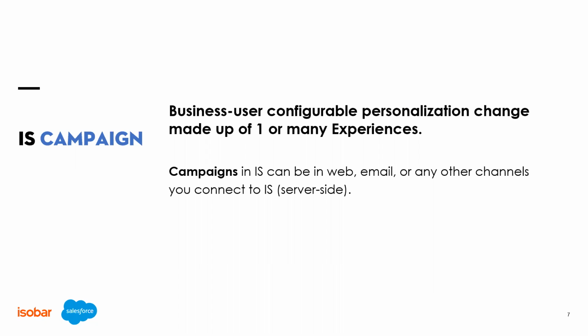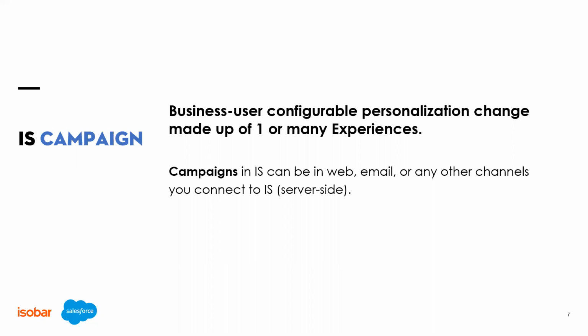Every person that reaches your web, opens the email or opens the mobile application, the campaign could be the same, but the experience that this specific customer will see will be different. That's why a campaign could be made up of one or many experiences. And definitely we can set it up in Interaction Studio as well.